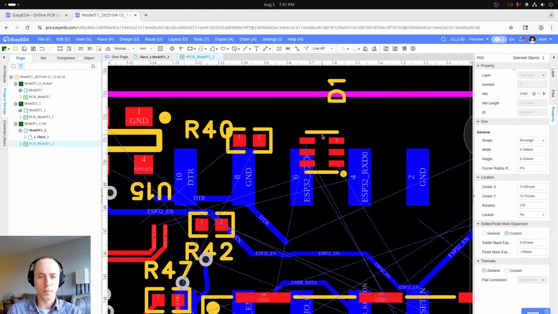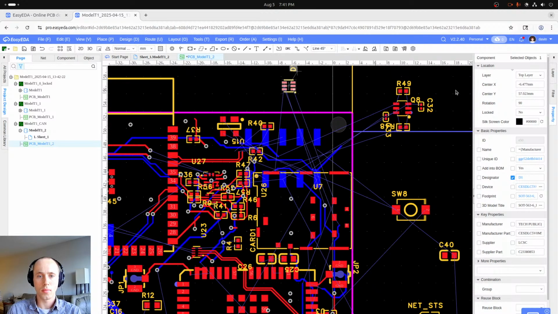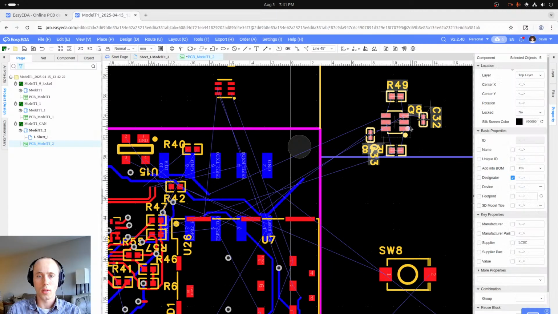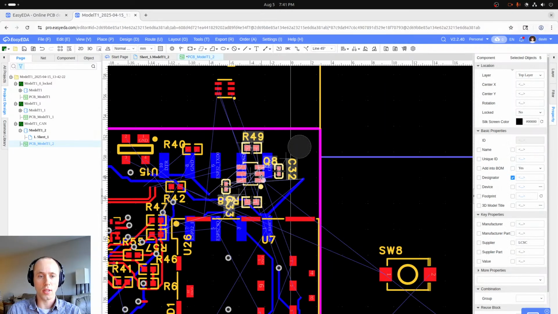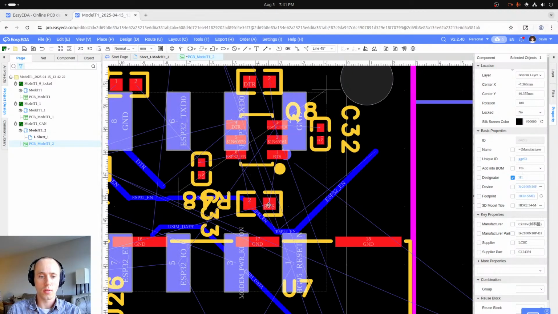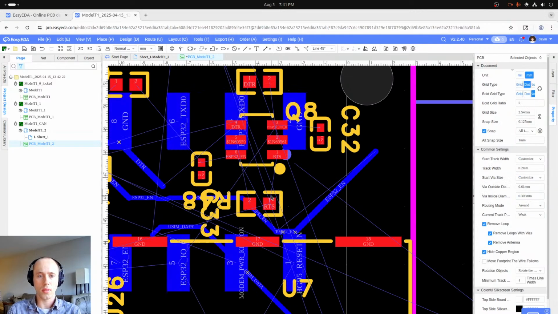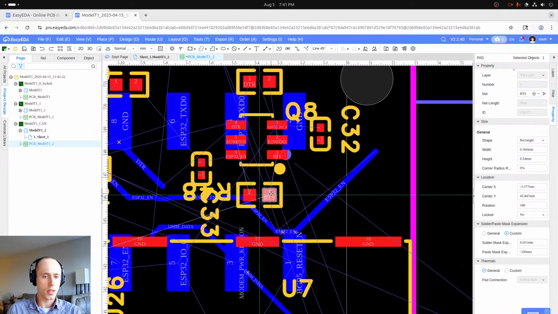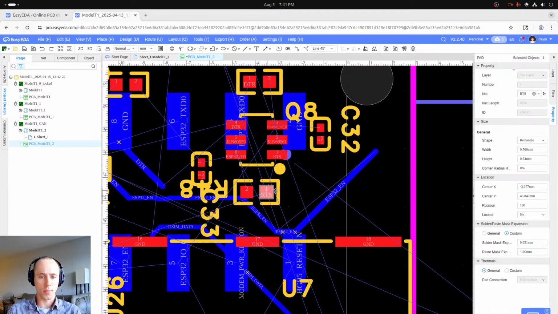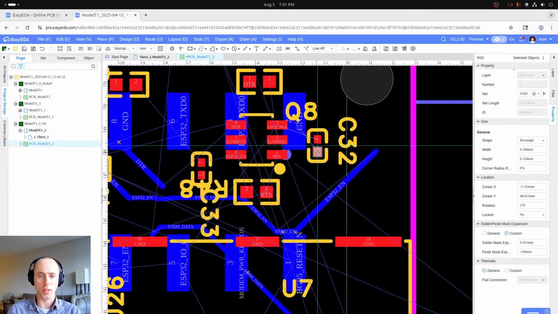Okay. We'll place these over here. We'll tighten this up. I don't want to move the connector. Just bring this over here. Bring this over here.